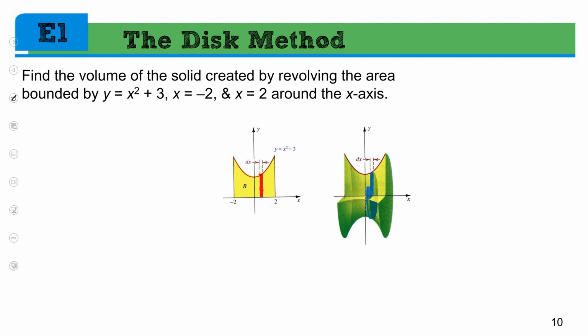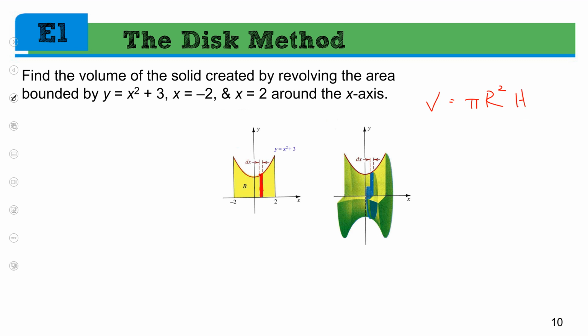And if we were doing an area problem, I would then calculate the area of that rectangle and add it up, or integrate it to add up all the rectangles. But we're not doing a rectangle. We're using the rectangle, but that rectangle is going to generate a disk. And so based on what we talked about before, the volume of that disk is pi r squared times h.